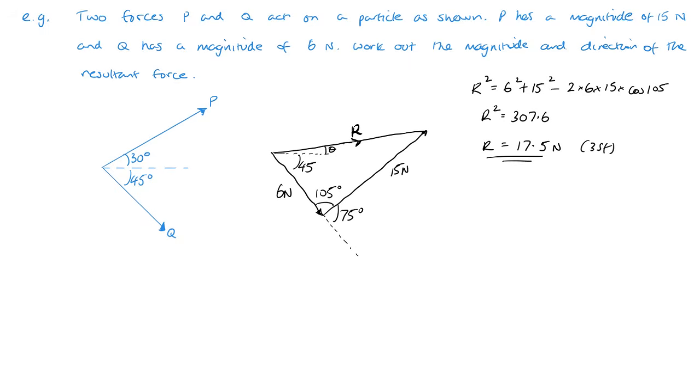Now, to find the angle, we can use the sine rule. So this angle over 15, so that'll be 45 plus theta over 15 is equal to sin 105 over R. Sorry, I missed out my sines.